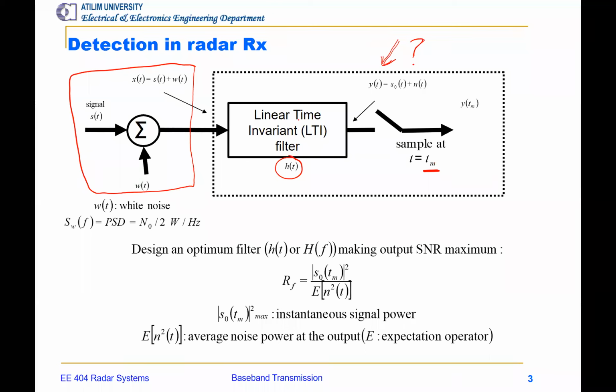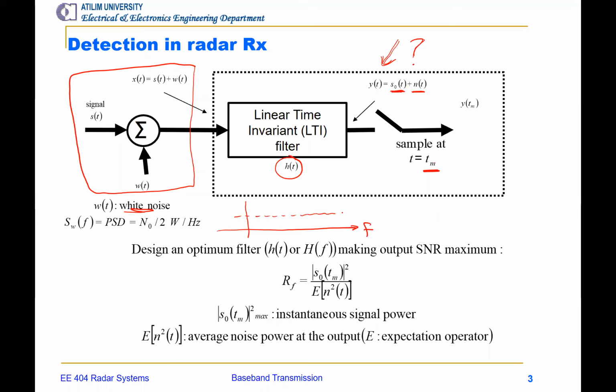Okay, at the output of the filter, we assume that we got a filtered signal and the noise. Now about the noise, this is usually modeled as white noise, which means that the power of the noise is constant over the frequency.